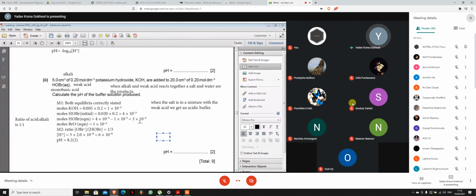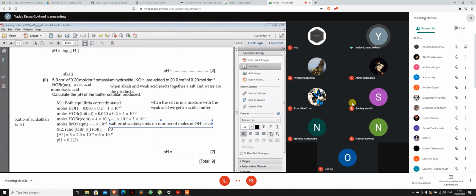3 times 10 to the power of minus 3. Now, how many moles of the salt will be produced? So this is salt produced. It depends on the number of moles of OH- used.